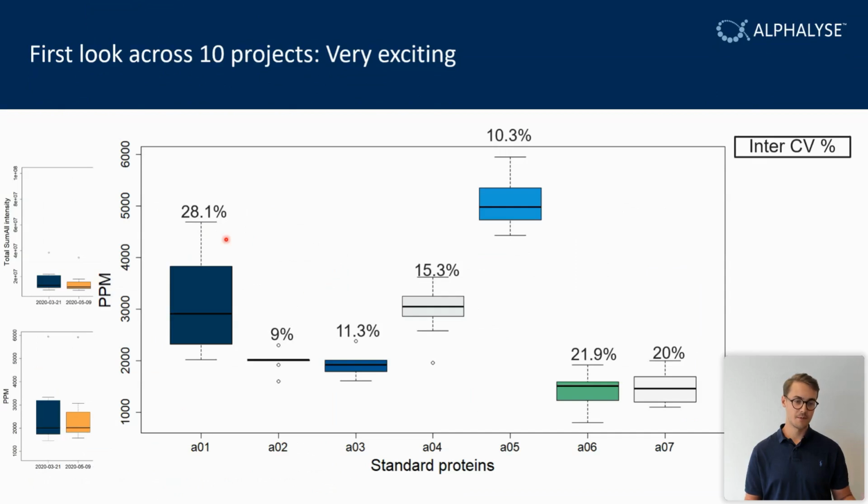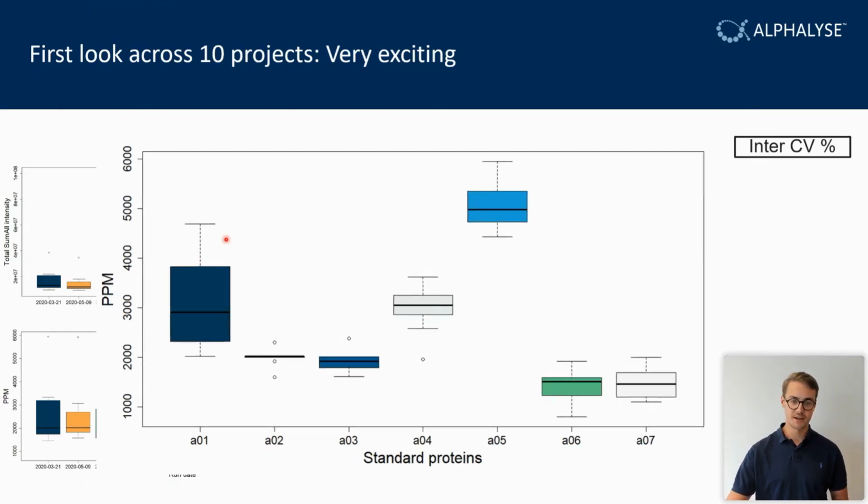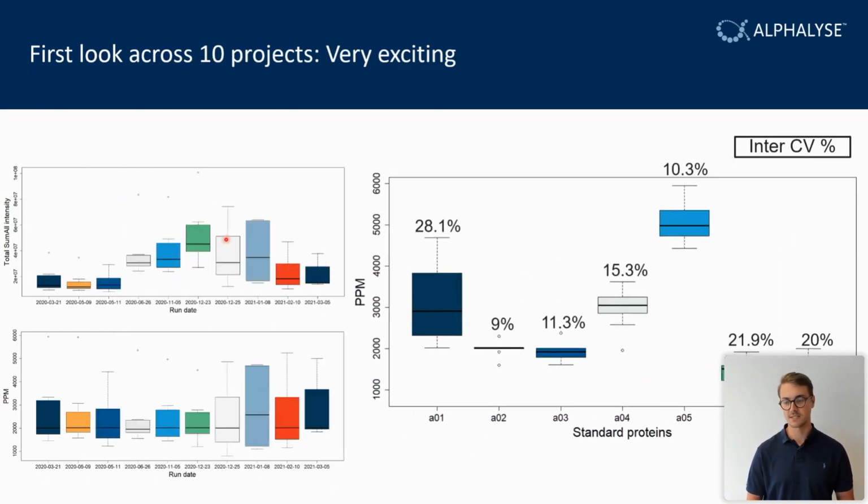I'm certain many of you know what a CV, or coefficient of variation, is, but anything below 30 is generally very good, especially when you consider this is measurements between 10 completely different projects. So this was an early indication that we had a very robust and precise quantitative LC-MS method here.